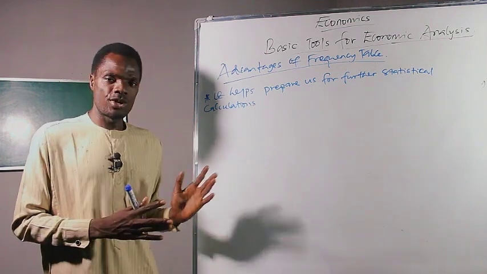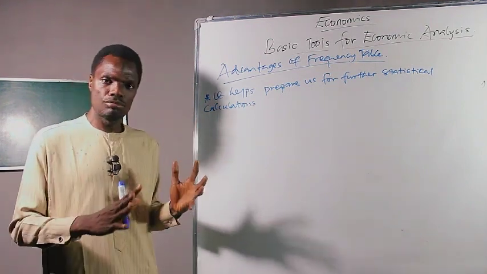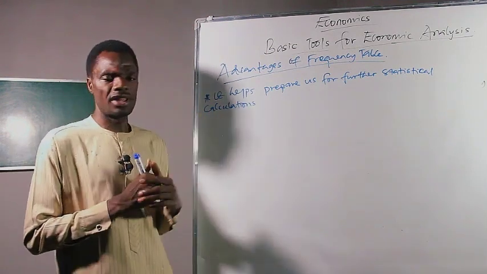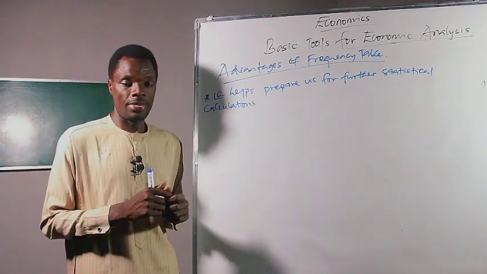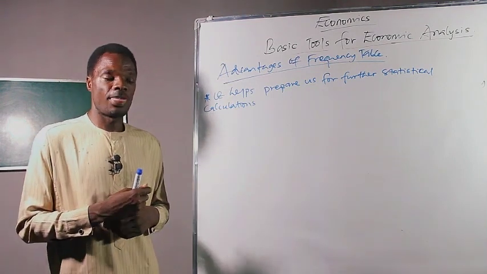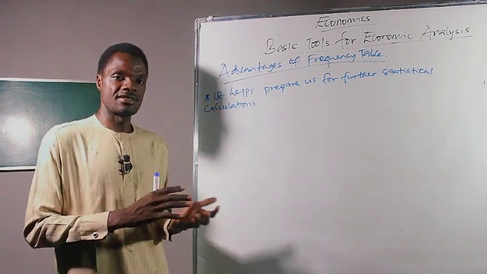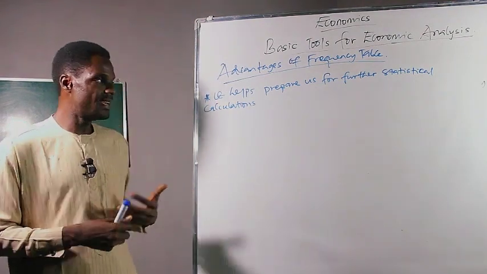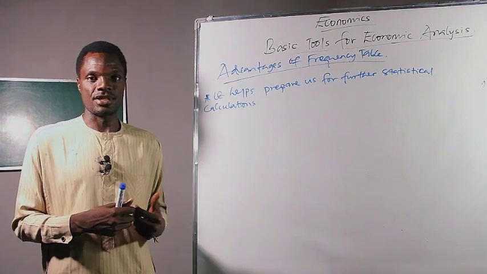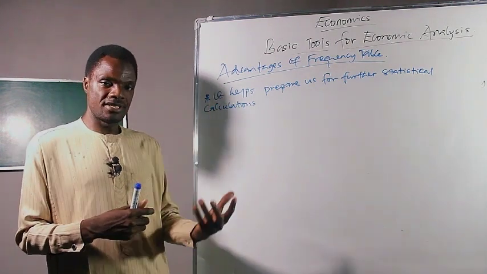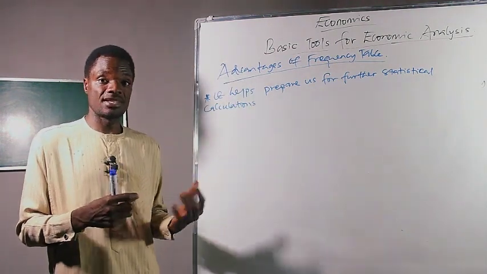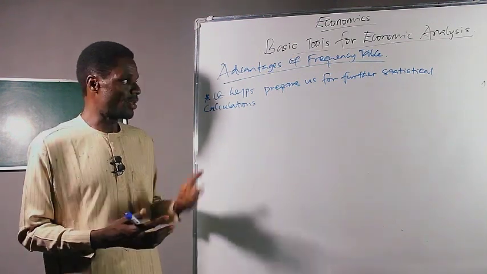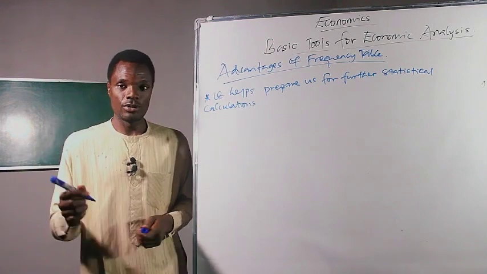Now, this frequency table has many advantages, among which is that it helps prepare us for further statistical calculations. As we go deep in economics, we will be confronted with some statistics here and there. So the frequency table will help us, especially in knowing how to write frequency. So it will not be the first time as we do statistical calculations. When we see frequency, we know what it means. So that is one importance of a frequency table.